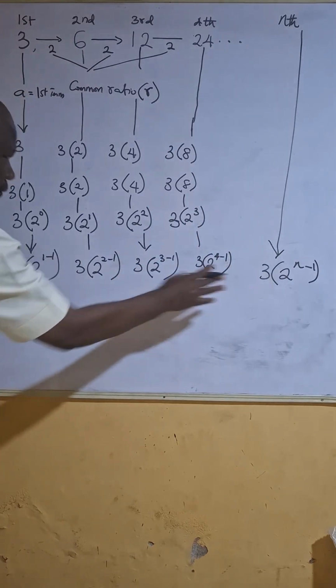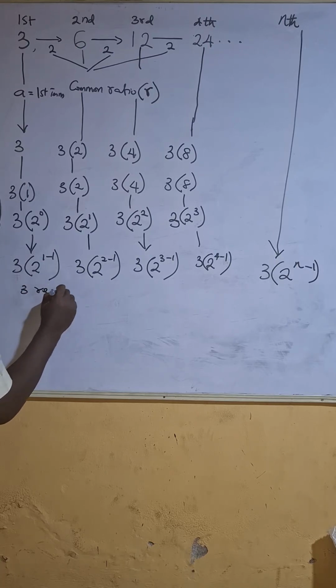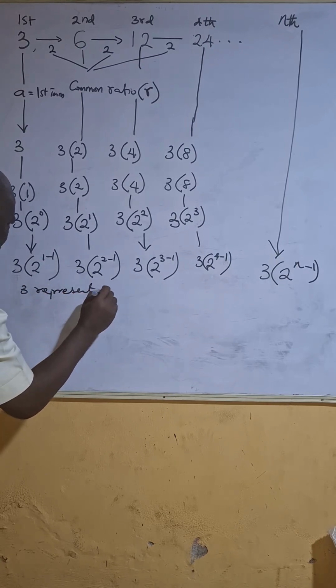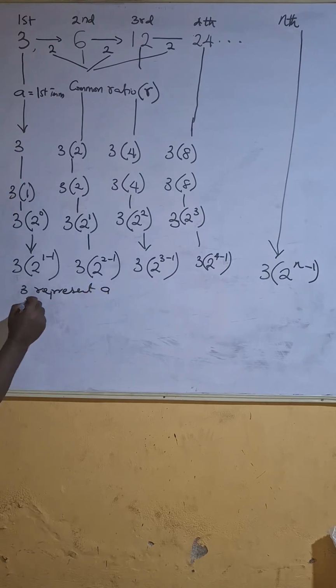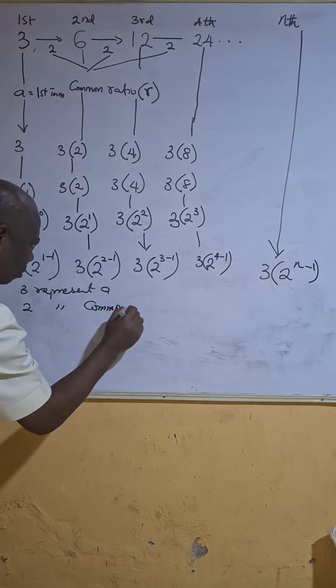Now, what are we having here? 3 represents A, and 2 represents the common ratio.